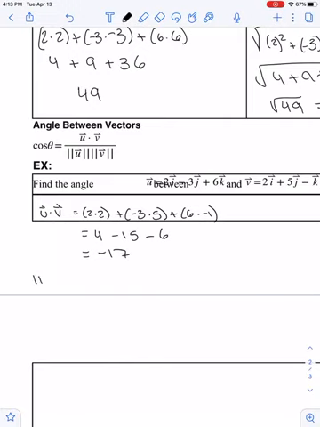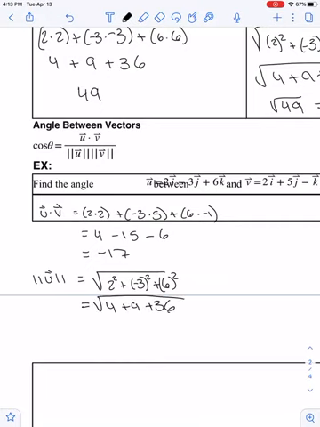Next, we're going to find the magnitude of u. So that's the square root of i squared, which is 2, plus j squared, which is negative 3, plus 6 squared, so that's 4 plus 9 plus 36, which is the square root of 49, which is 7.